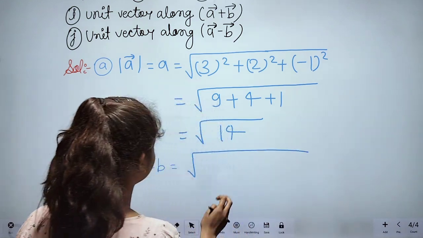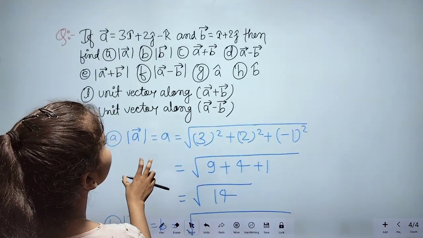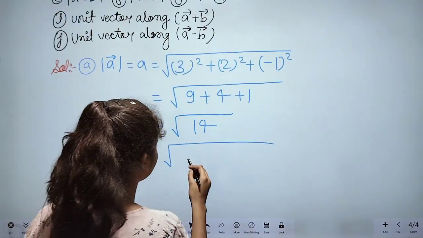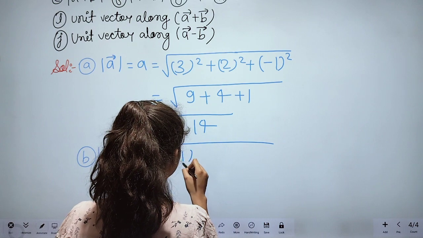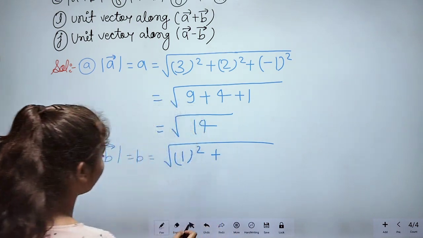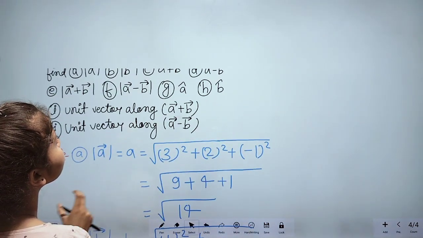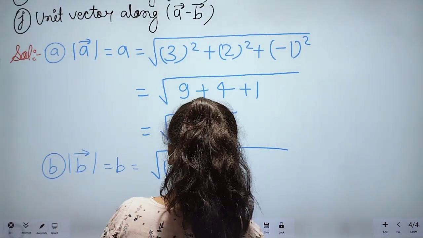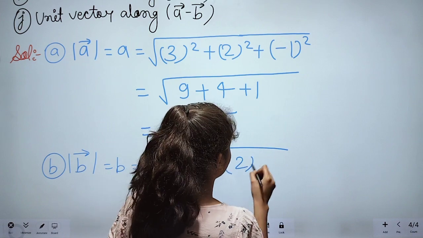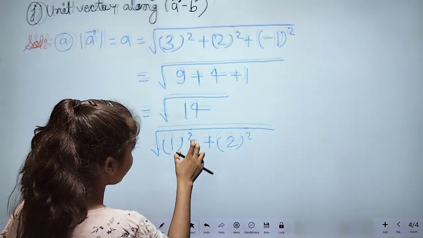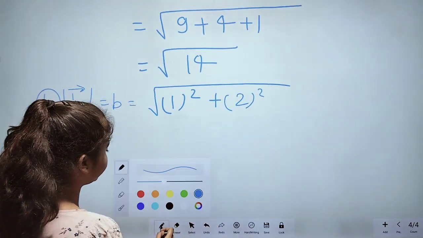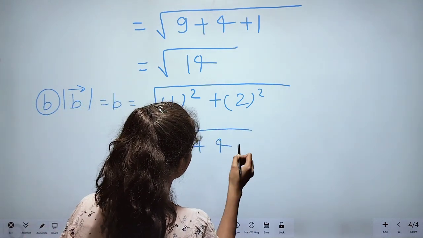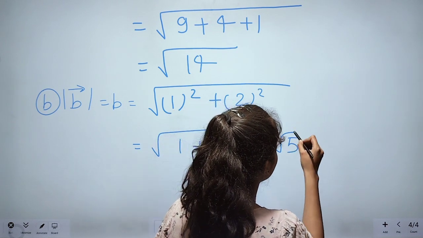Root under coefficient of i cap is 1 square, plus coefficient of j cap is 2 square. 1 plus 4 is equal to root 5.